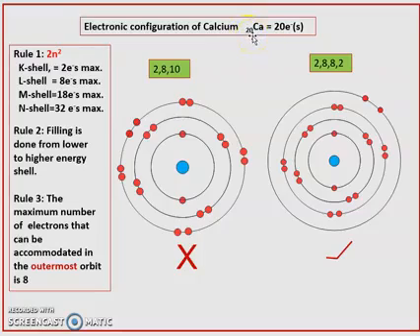It has 20 protons, and if it has 20 protons, it will have 20 electrons. Now, when we come to the electronic configuration, how do we distribute these 20 electrons? The first shell takes 2, as we all know. The second shell takes 8, as we know. Then the third shell takes 10.